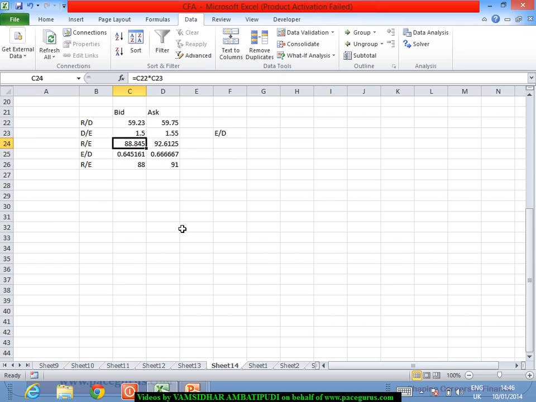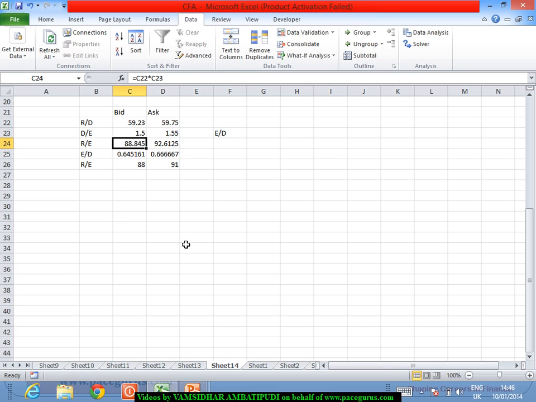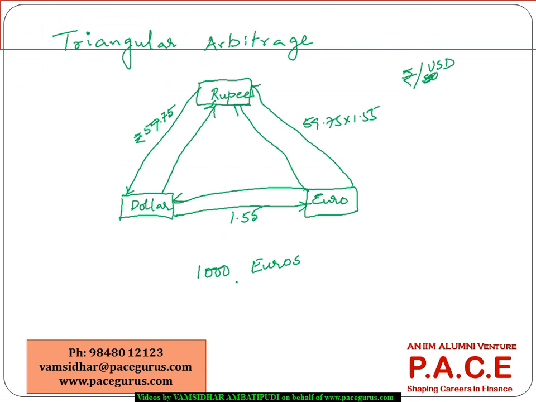So let's say I have 1000 euros with me. Right now let's deal with this transaction. If I have 1000 euros with me and I directly deal with the dealer quote, he is ready to buy euro at 88, so if I sell the 1000 euros, I would be getting only 88,000.